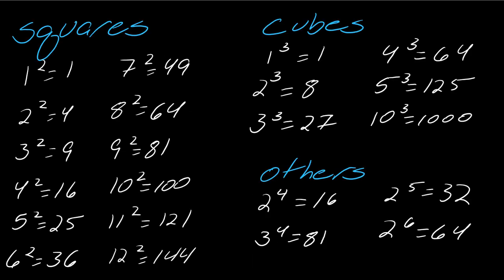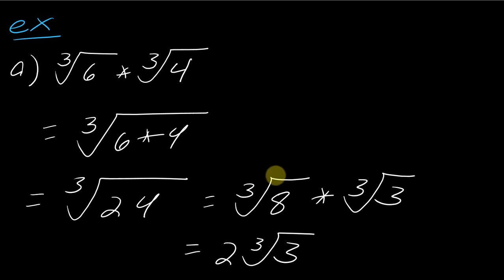And by the way, if you feel like you are struggling when you're trying to reduce cube roots, square roots, all that good stuff, I am a huge fan of having this list next to you. Some people are just really visual with this particular unit, and they tend to do better when they have the list in front of them. So when I'm looking at the cube root of 24, I'm thinking to myself, what's the largest cube that goes into this?